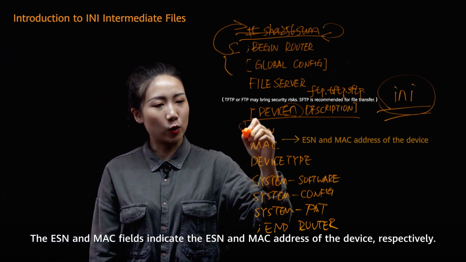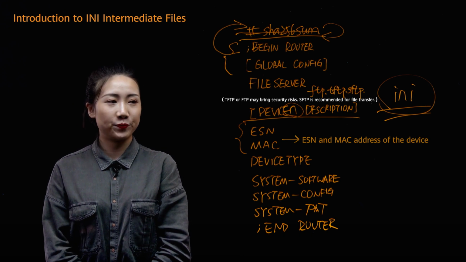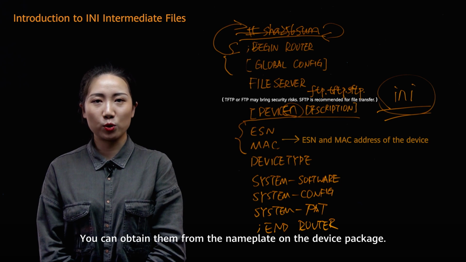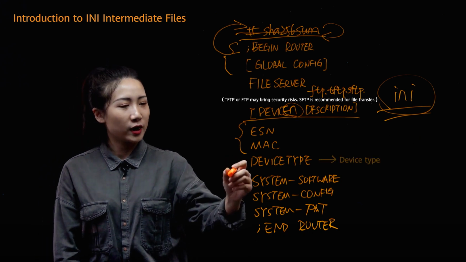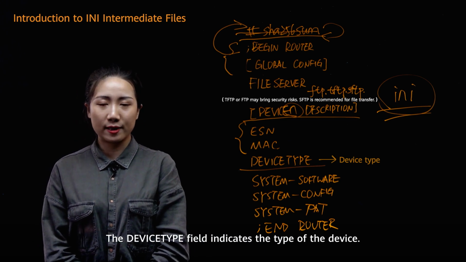The ESN and MAC fields indicate the ESN and MAC address of the device respectively. You can obtain them from the nameplate on the device package. The device type field indicates the type of the device.